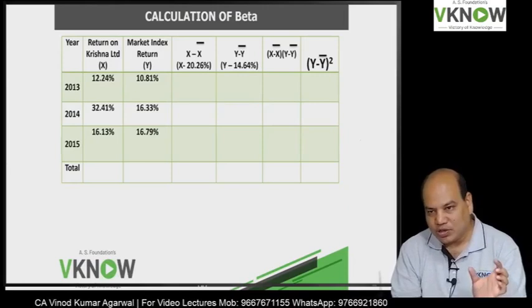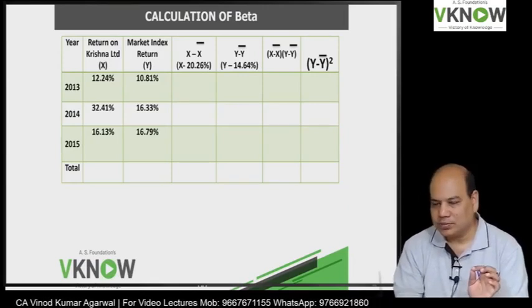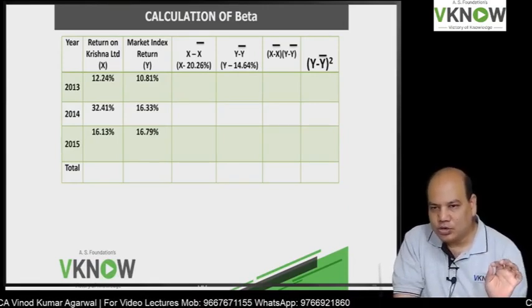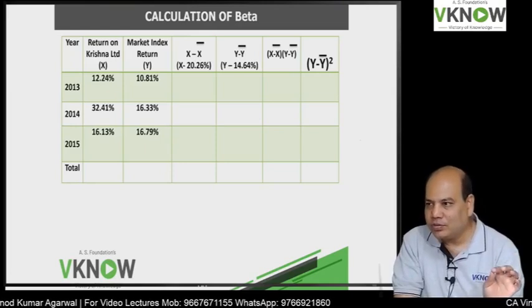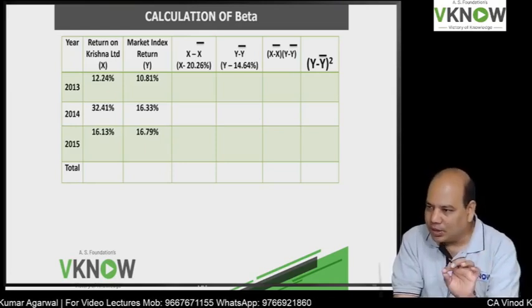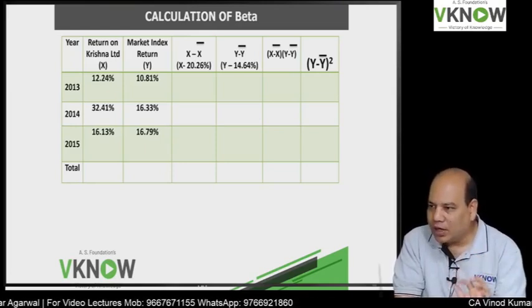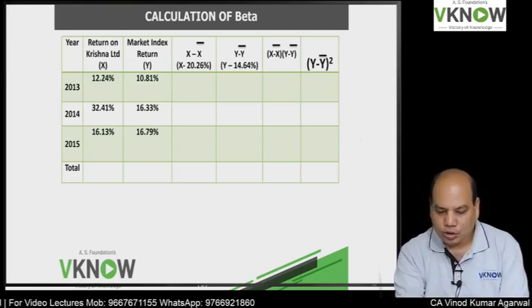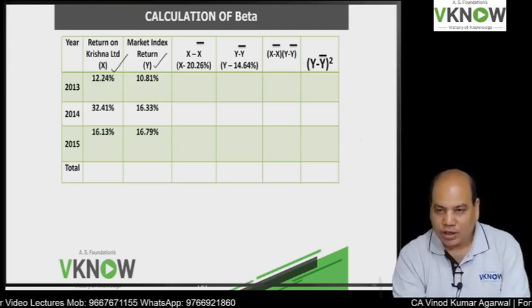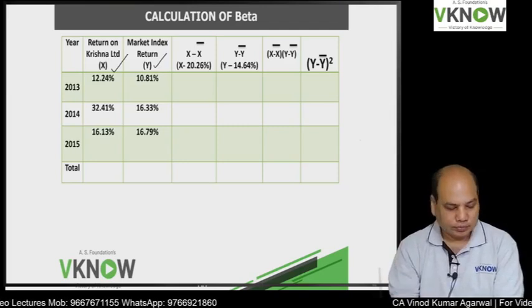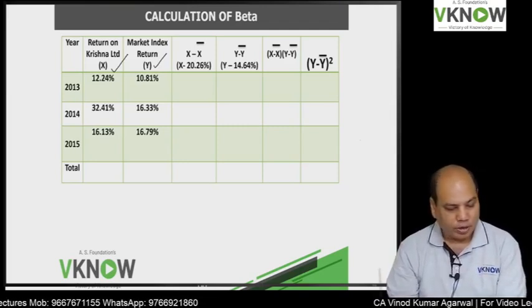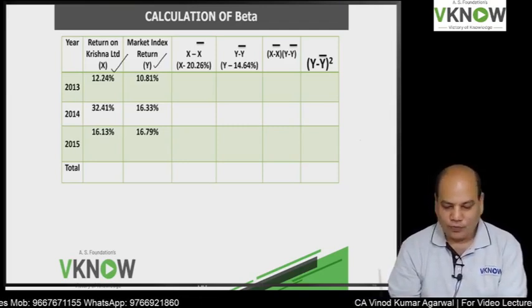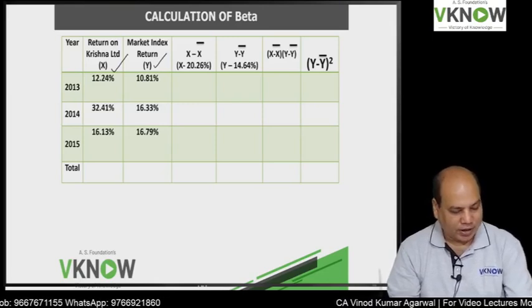So using that basic knowledge of this chapter, beta is the ratio of covariance of the stock with the market upon variance of the market portfolio. So we will assume stock is X and market is Y. Very important question. 8 marks if you have done the practice in advance.